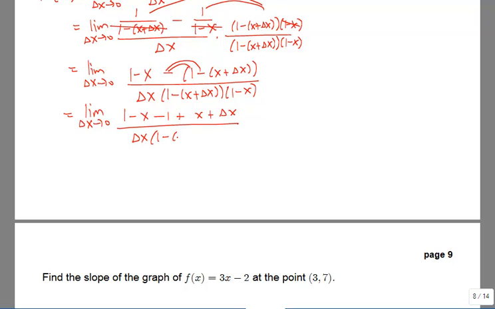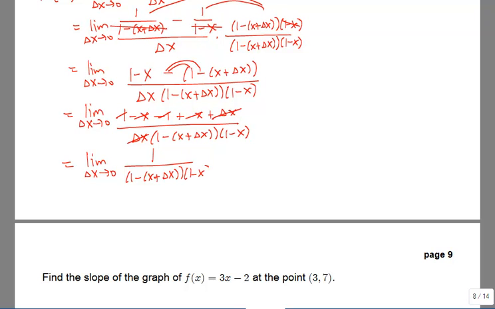So what that means is I am going to get some stuff canceling. We get our 1's canceling, our x's canceling, so all we have left is that delta x on top, which is going to cancel with the delta x that's on the bottom. So everything from the numerator is gone, so all that should be left is a factor of 1. Don't forget to have that 1 in the bottom, because what's left is in the denominator.